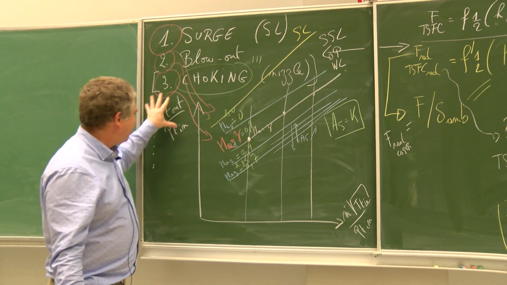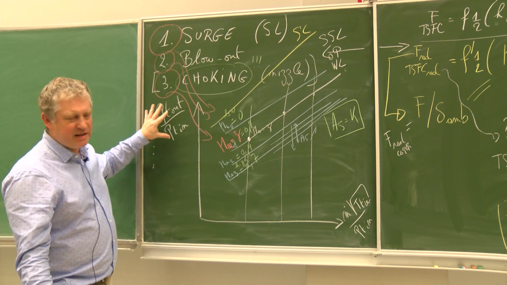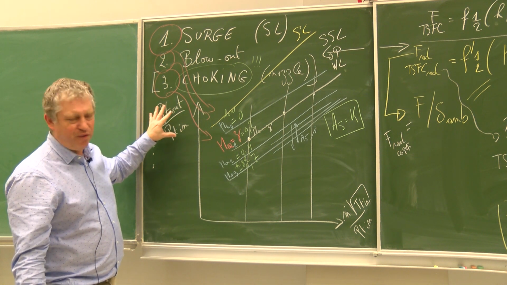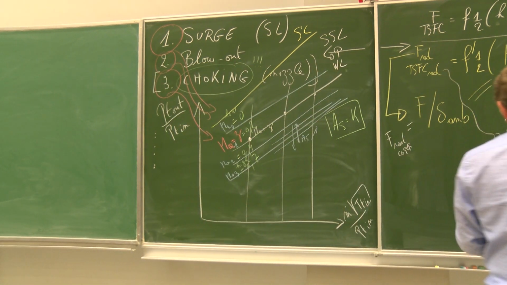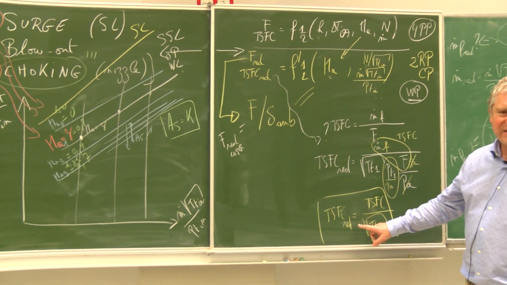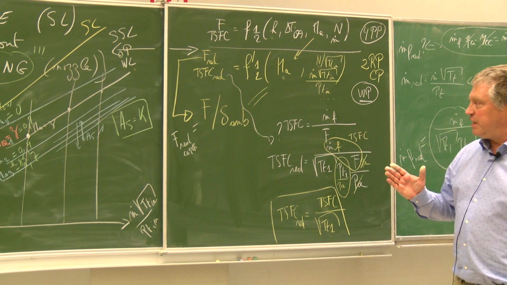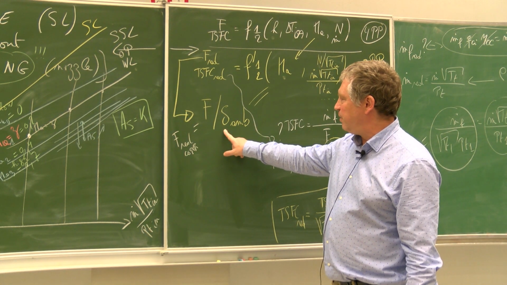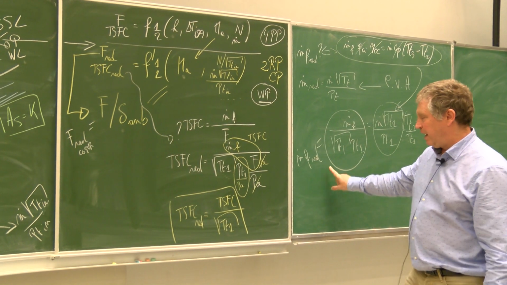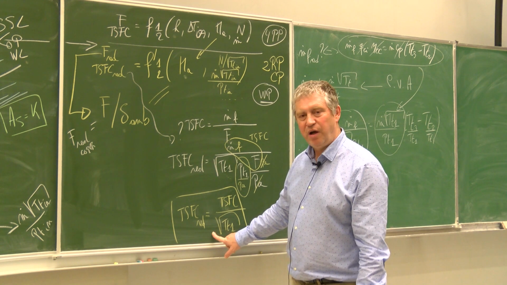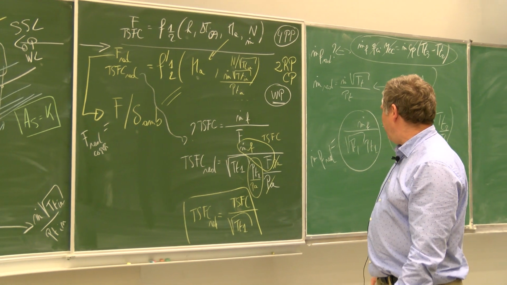Whatever you would like to put here, it can be the reduced thrust, it can be the reduced TSFC, it can be the reduced fuel flow. You are able to do it at the moment that you are able to define what is this reduced parameter. And you see that we have introduced the reduced thrust, the reduced fuel flow, and also the reduced TSFC. And we could imagine other ones, okay?